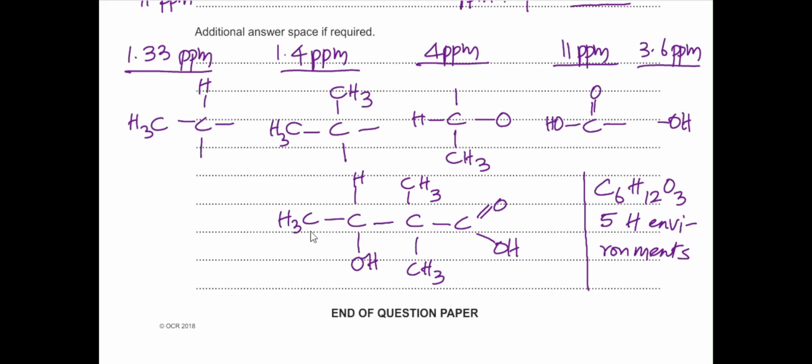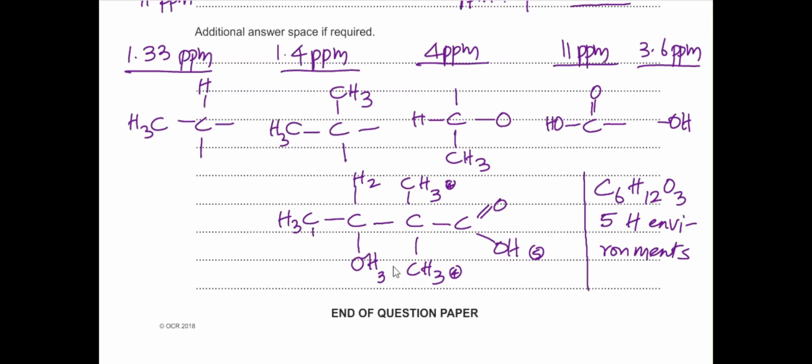So this one is unique, so this is 1. This hydrogen is also unique, so it is 2. This is the third unique one. This and this will be similar, therefore they both will be representing the 4th one, and this is the 5th one. So 5 hydrogen environments is also satisfied.